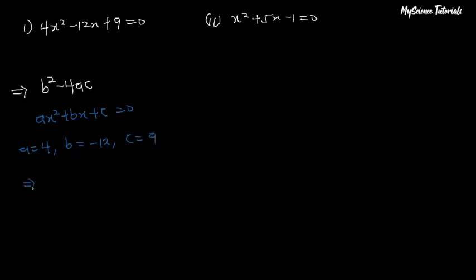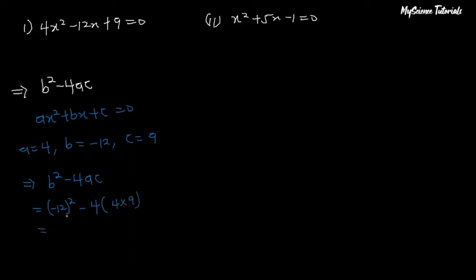So if I do the substitution, I'm going to have b squared minus 4ac, and that will be equal to, my b is negative 12, so I have negative 12 squared minus 4 into bracket, my a is 4, and then my c is 9.